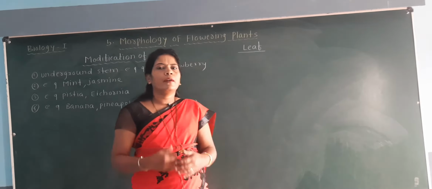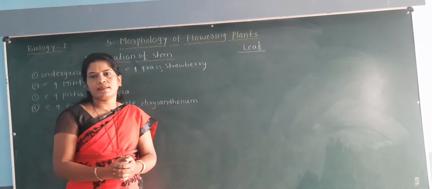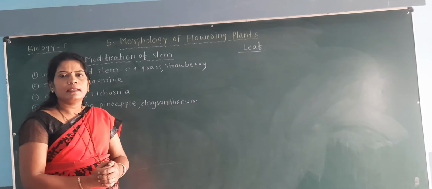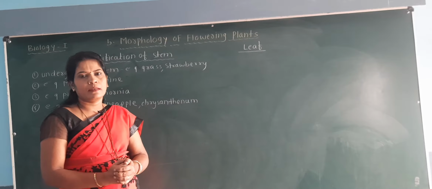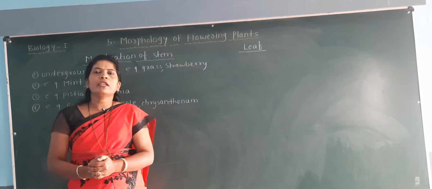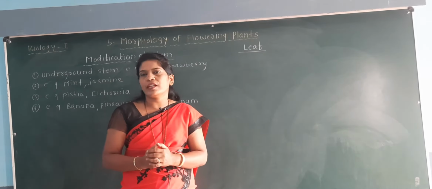We have started the topic morphology of flowering plants, and in our previous lecture we have seen the stem part of the plant. In this lecture we have seen that there are various modifications of the stem.